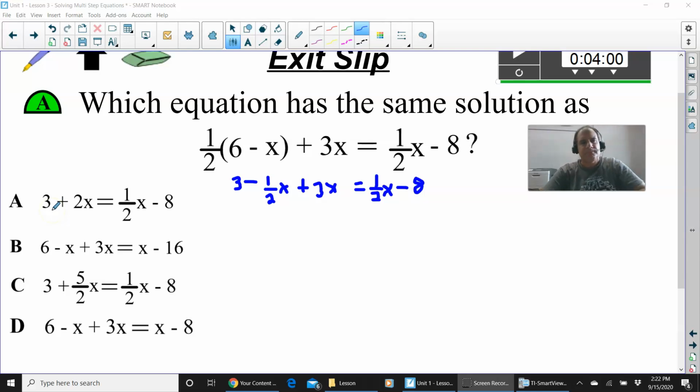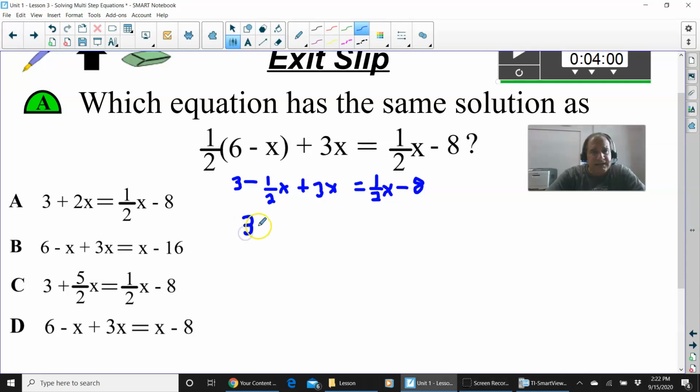So 3 minus a half x, right? But this is 3 plus 2x. There's no way, when you combine like terms, which is the next step, that this negative a half x is 2.5x.